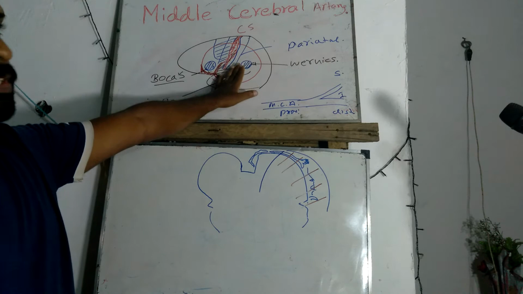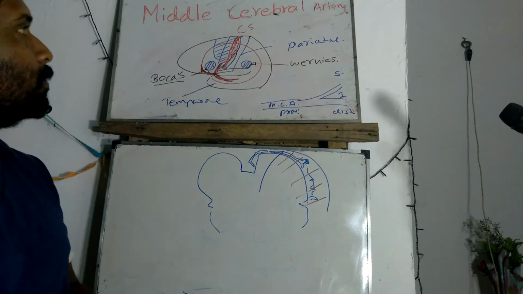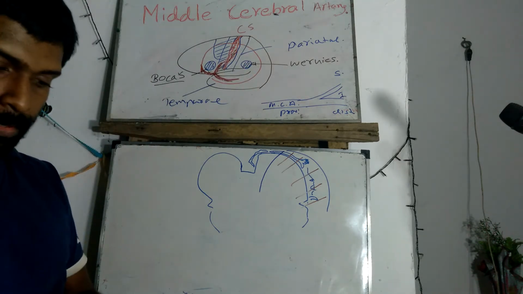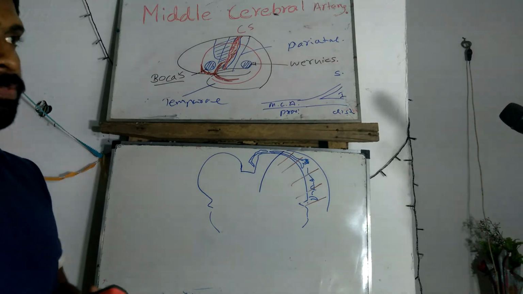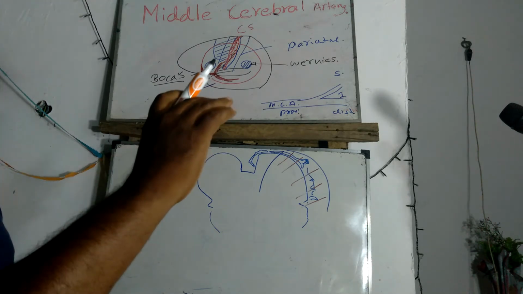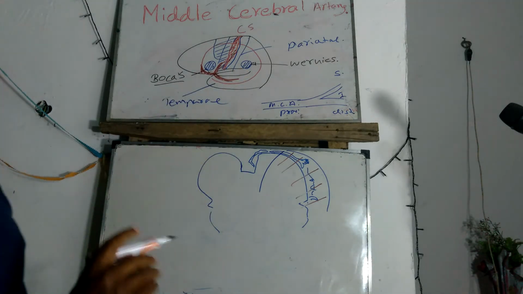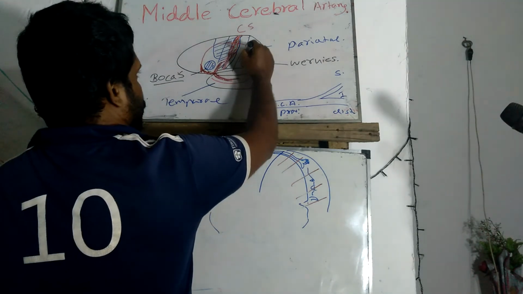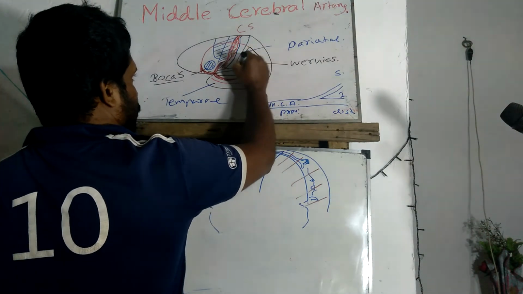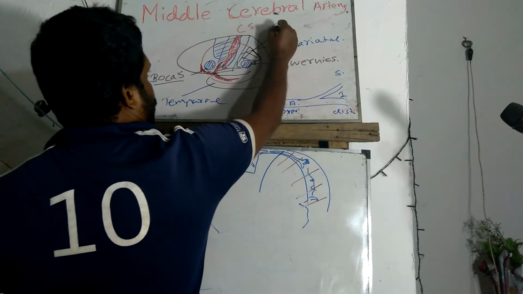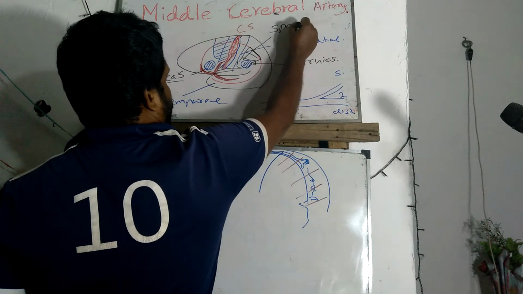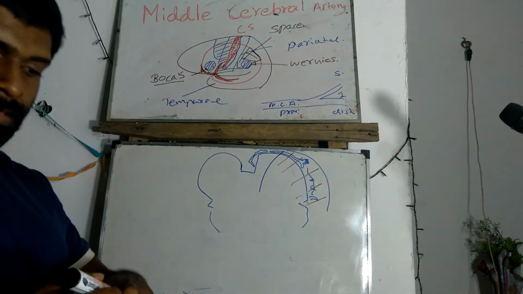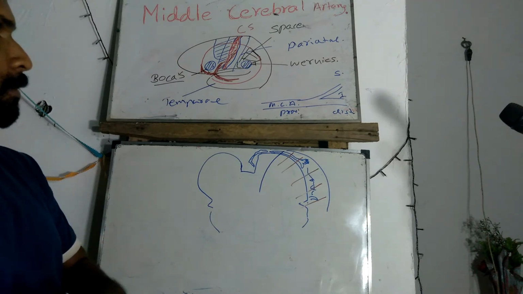Then the posterior side of the sensory motor area, there is some form of facial identification area.